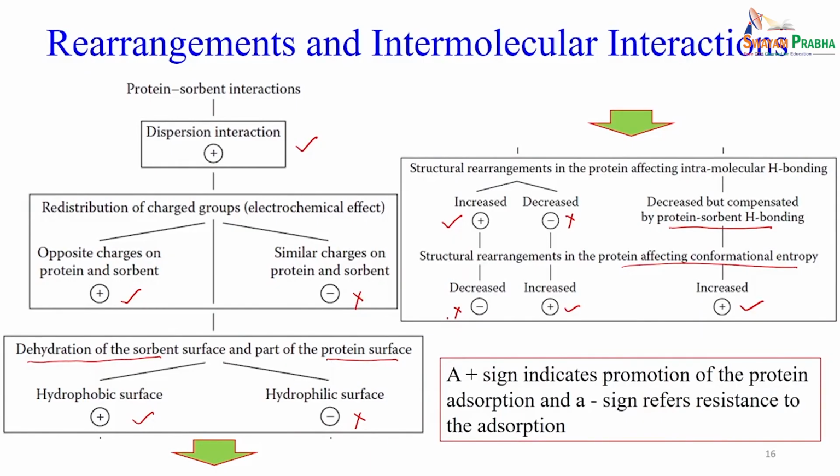Then there is a structural rearrangement depending on the making and breaking of the hydrogen bonds, and finally, there will be the entropic effects or the conformational entropy, and these intermolecular interactions and rearrangement will finally decide what is the adsorbed amount and what is the conformation of the adsorbed protein.